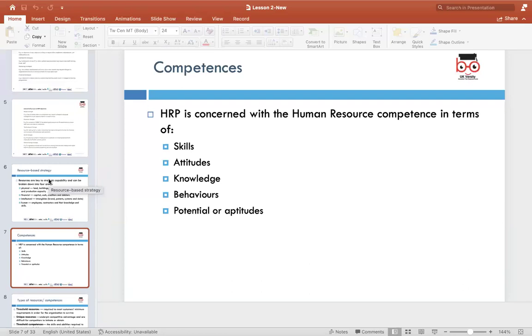So if you're looking at getting a 10% profit next year, HR needs to see whether its associates have the correct skills to do that. Is their attitude even one of wanting to work harder? If the attitude is not there, you need to change that, motivate them and push them into doing better.